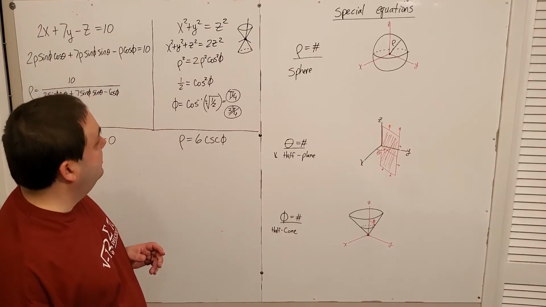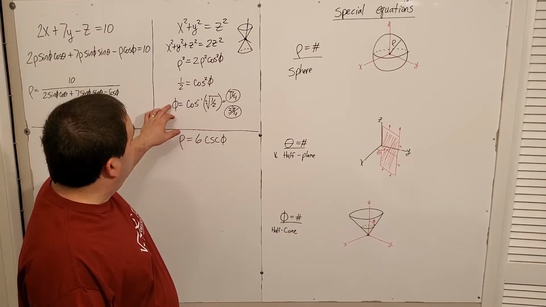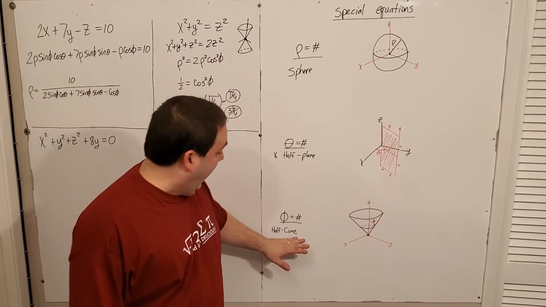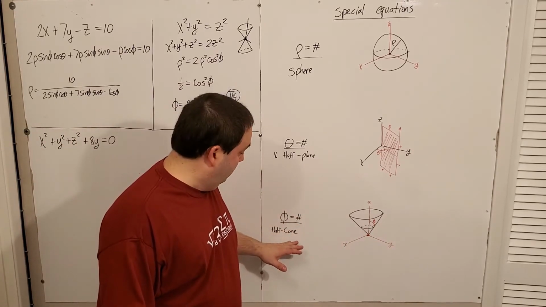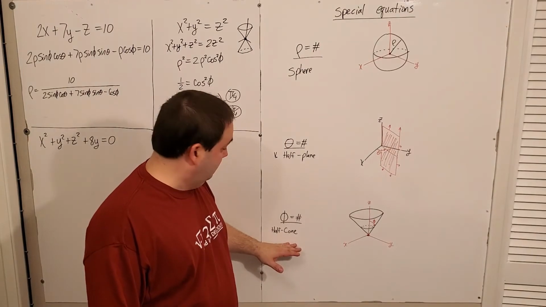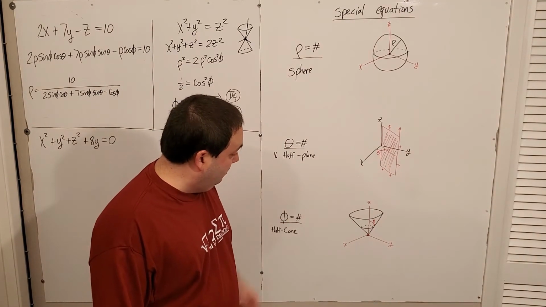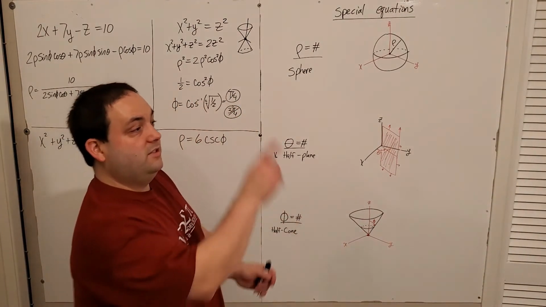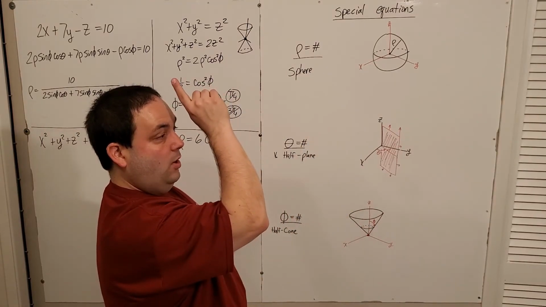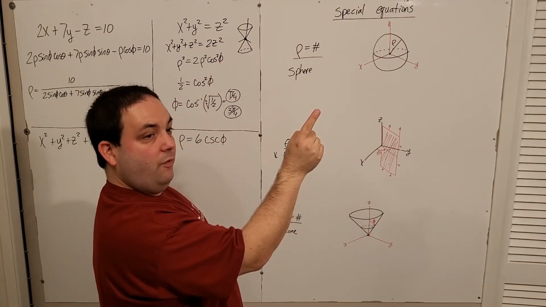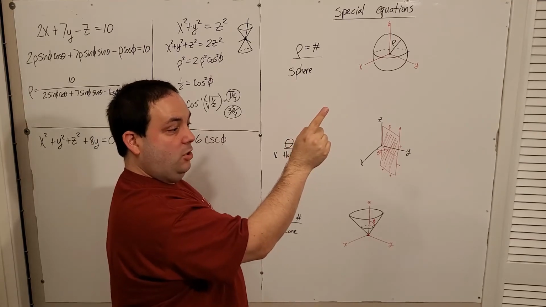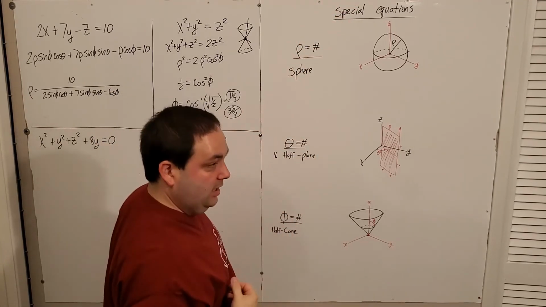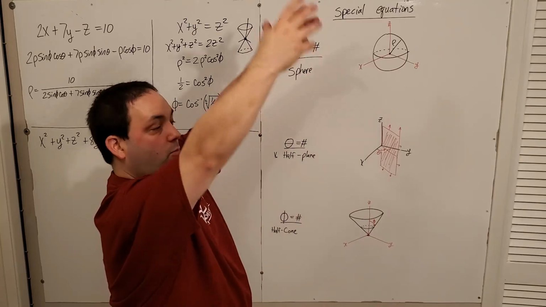Now think about why this makes sense. Phi equals a number, which actually is one of the special equations. If phi equals a number, I get a cone because phi is this angle, right? So I say lock into pi over 4. But I can still do as much radial as I want, so the cone will keep going outward.